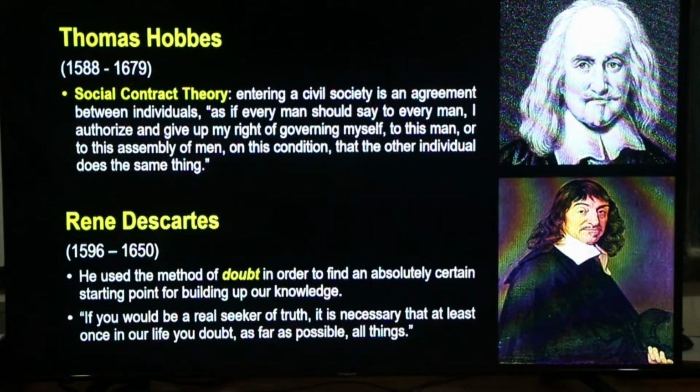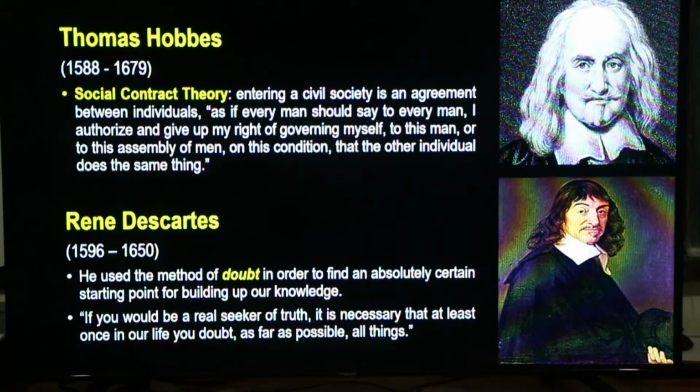Another philosopher in modern history is Thomas Hobbes, and he is well known for his social contract theory. Basically, the social contract theory explains that we live in a society, and living in a society implies that we need to surrender some of our rights so that other people may enjoy their rights.